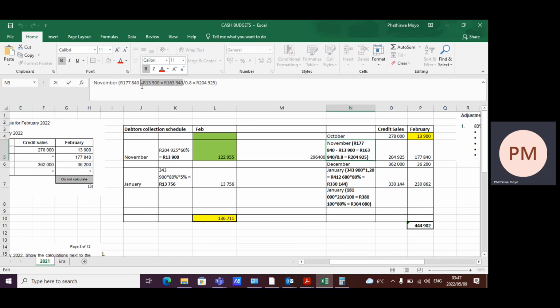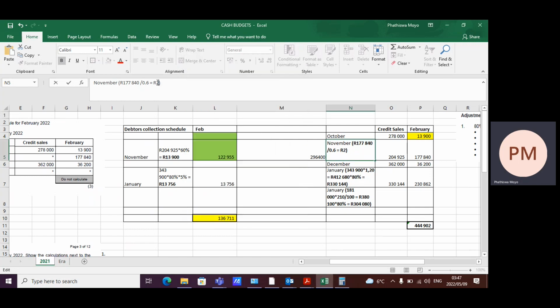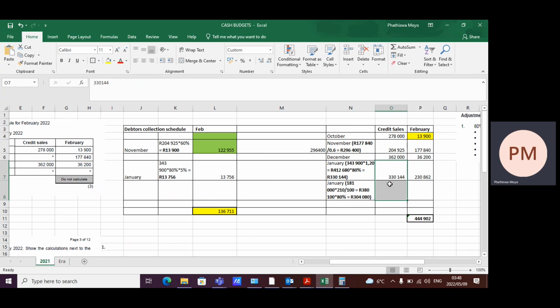So 177 divided by 60% equals, yeah, that one was a bit of a hectic trick right there. 296 hundred.